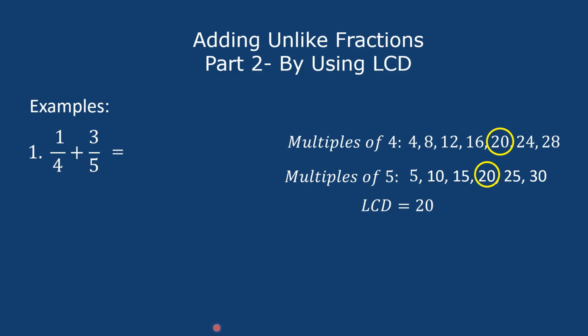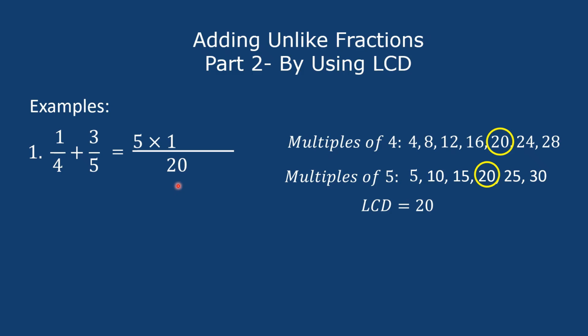So this is now equal to, we write 20 below the line of division, then we divide 20 by 4. 20 divided by 4 is 5, then 5 times 1.